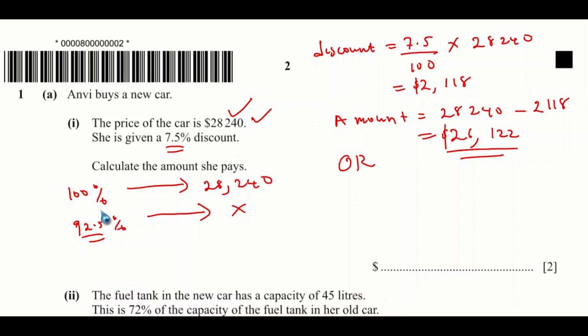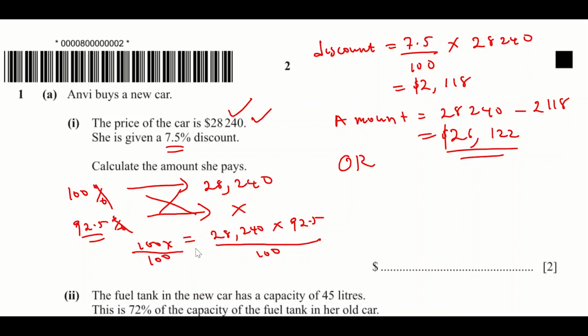This has been discounted. If we cross multiply, we have 100x equal to 28,240 multiplied by 92.5. If we divide both sides by 100, we cancel the 100 and are left with x, which is the discounted price of the car.